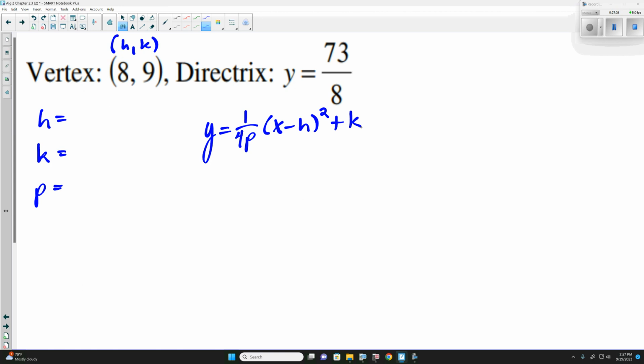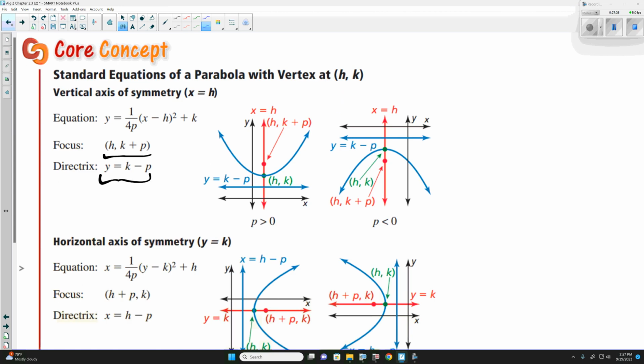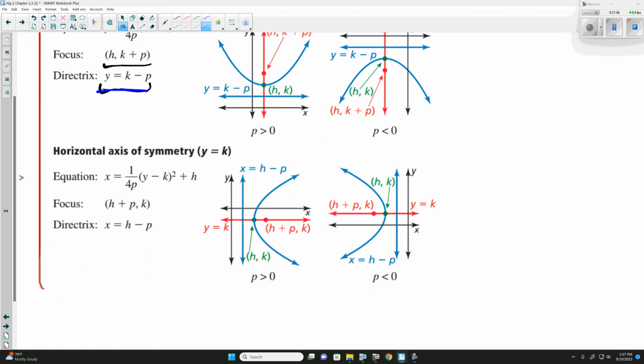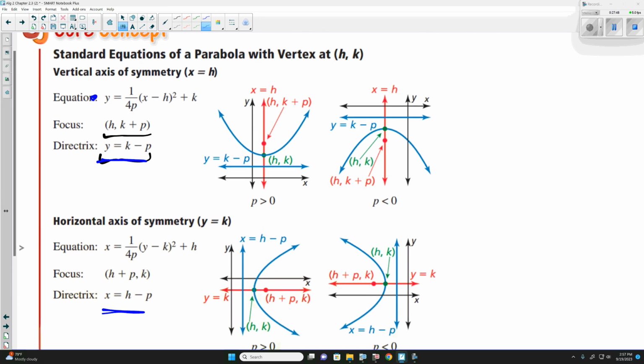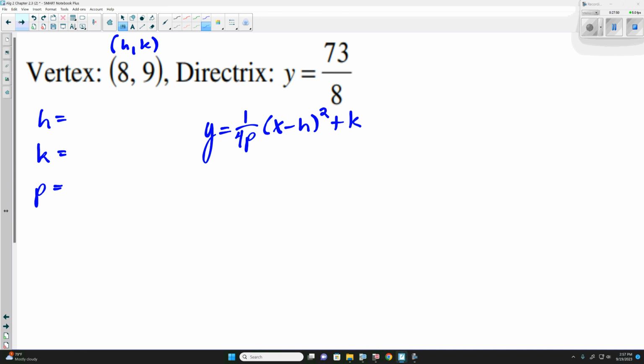If I look back at this here, this directrix is y equals, this one is x equals. Since it told us the directrix was y equals, I find which one that connects with, and it is our y equals 1/4p times x minus h squared plus k. Now the vertex told us the value of h and the value of k, but it didn't tell us the value of p.